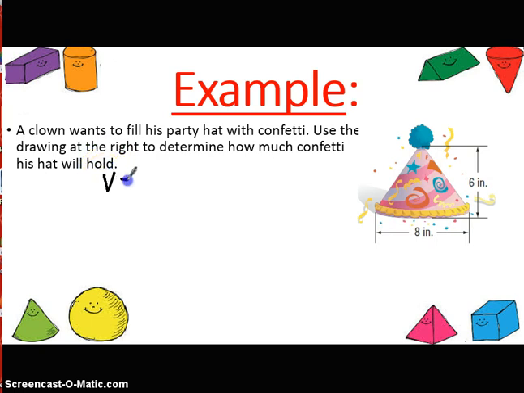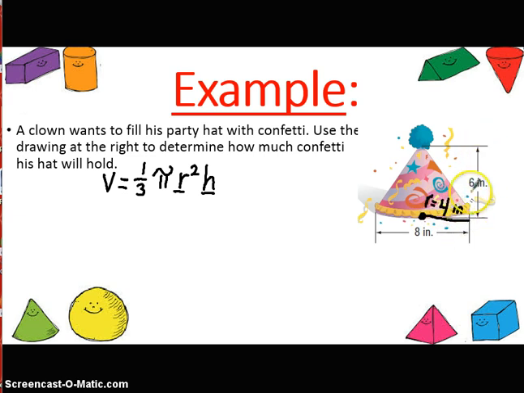If you look, you will find that the volume of a cone is 1/3 times pi times the radius squared times the height. Now, if you look at the two variables, we have radius and height. This problem does not explicitly give us the radius. Instead, it gives us the diameter, but the radius is half of the diameter, so our radius is 4 inches.